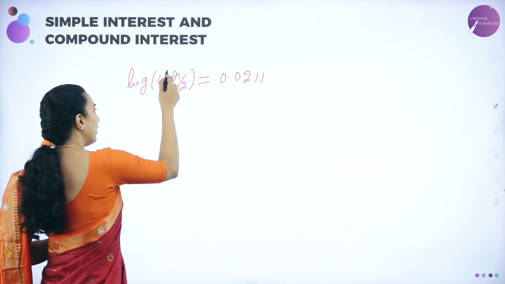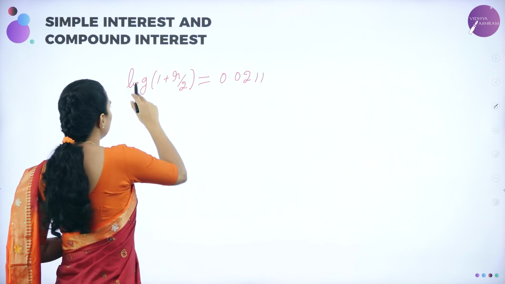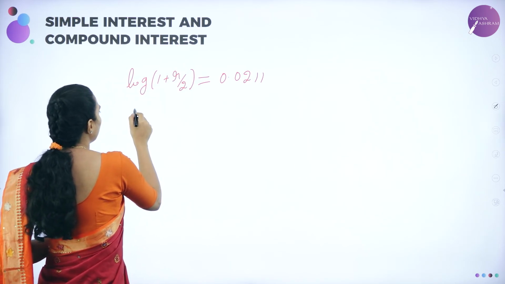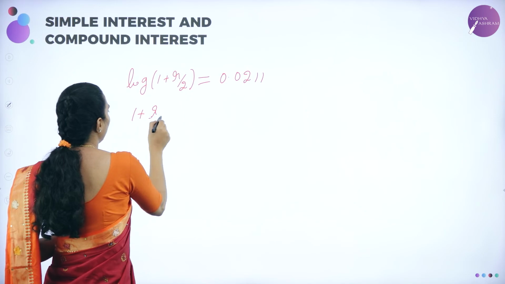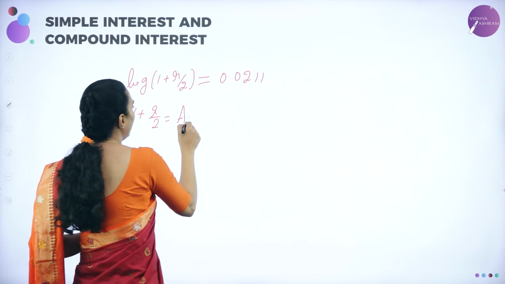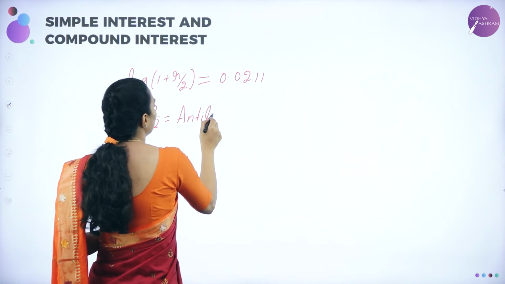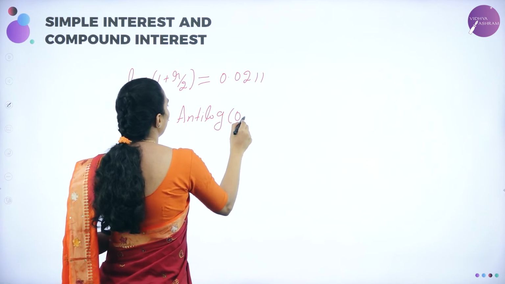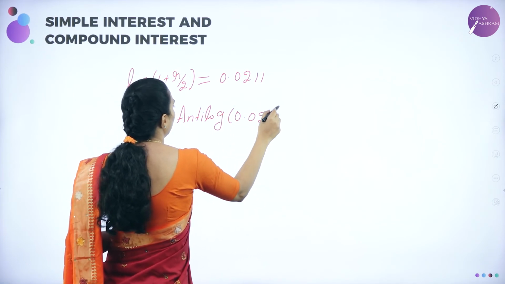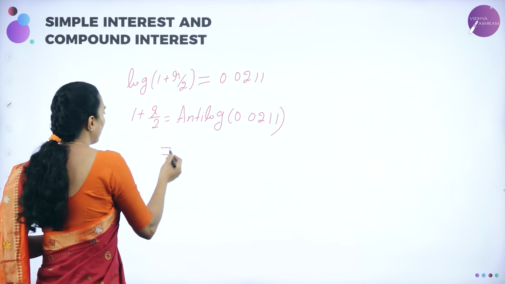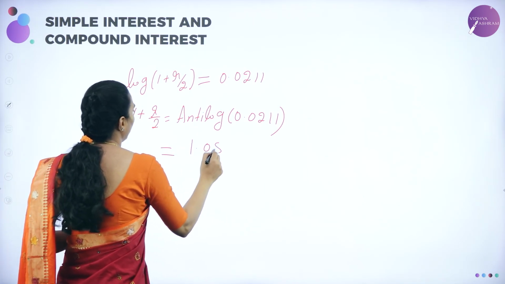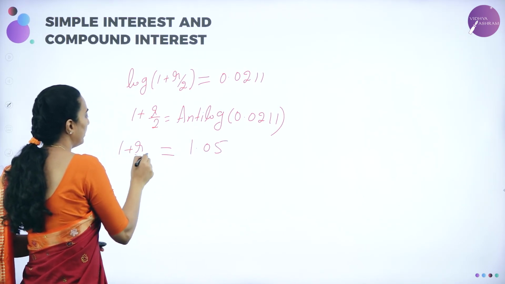Now I want to find R by 2, so I can take this log to that side. It will become 1 plus R by 2 is equal to antilog of 0.0211. So you are going to get 1.05 for 1 plus R by 2.